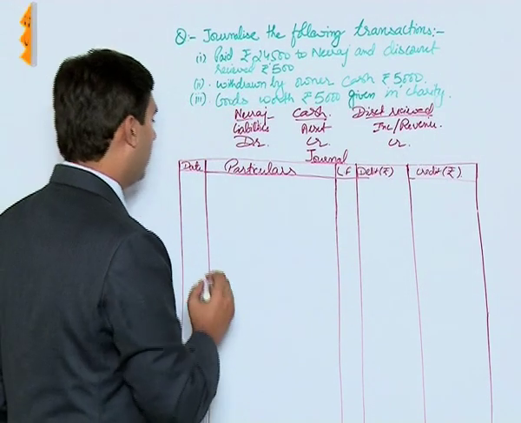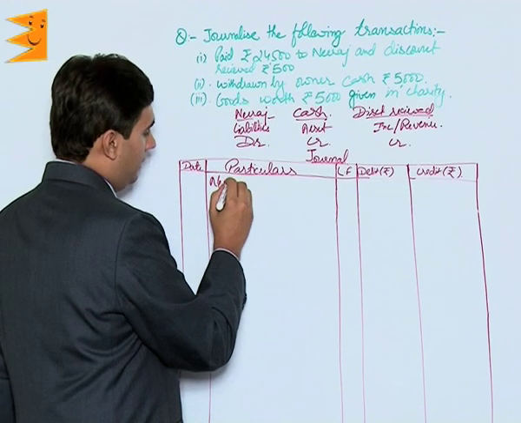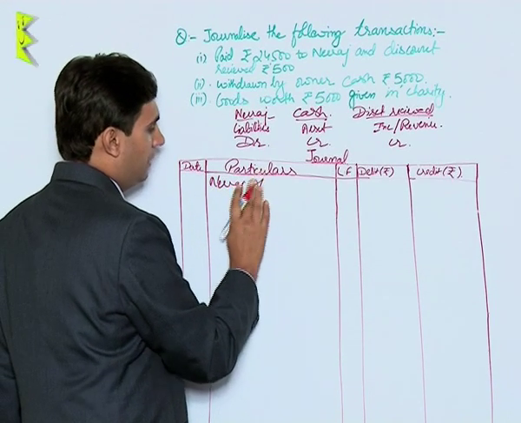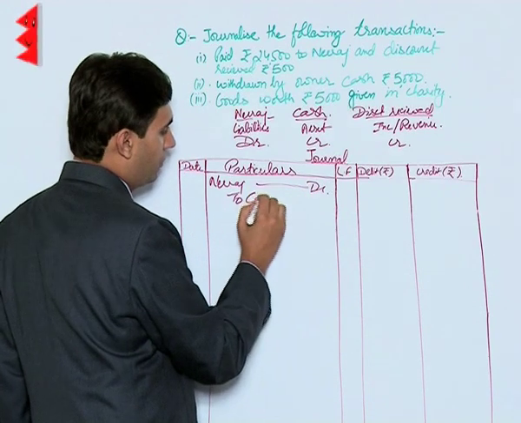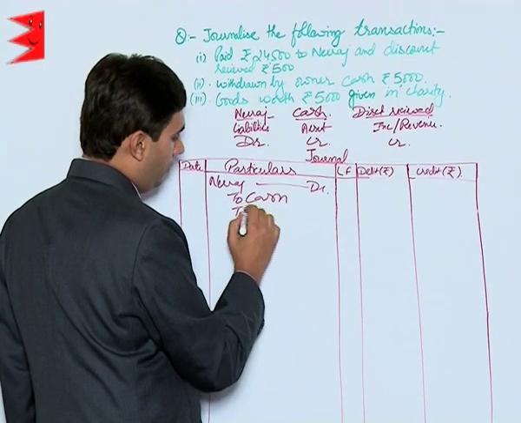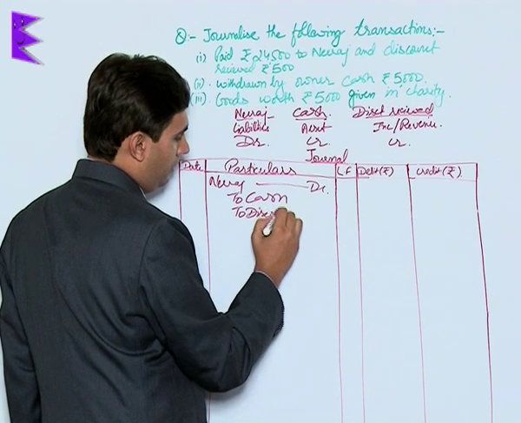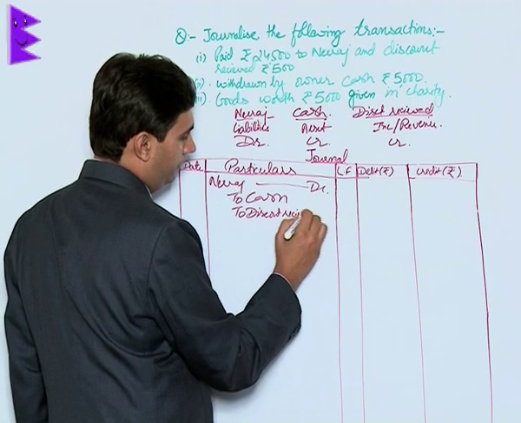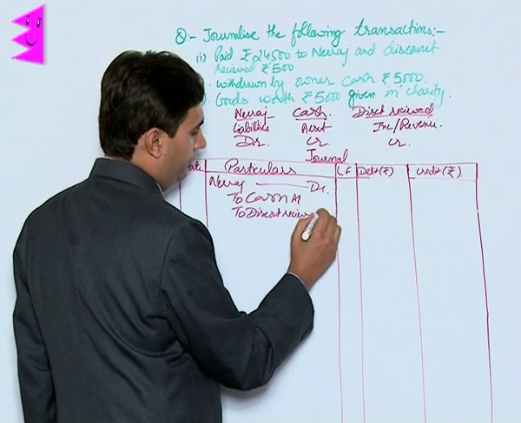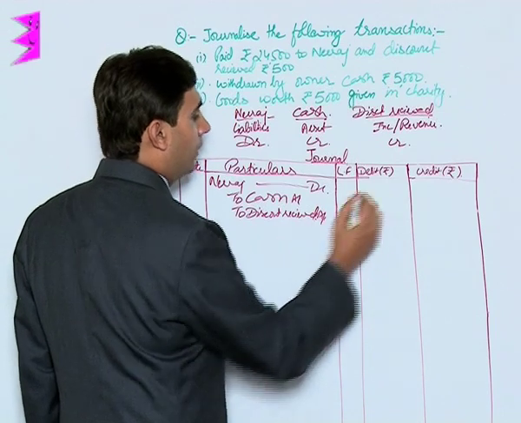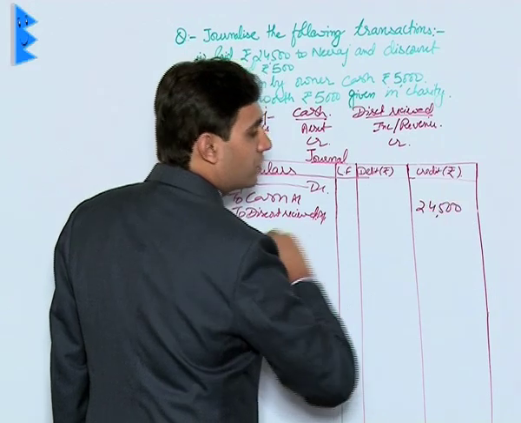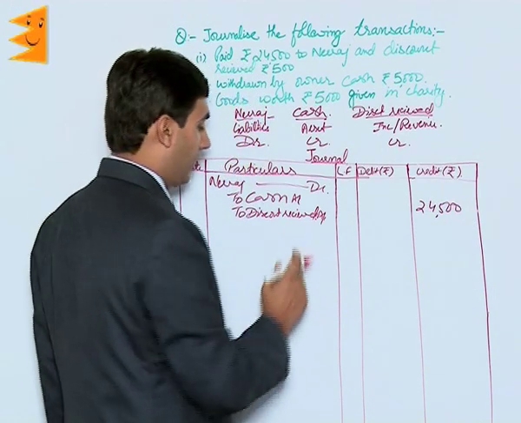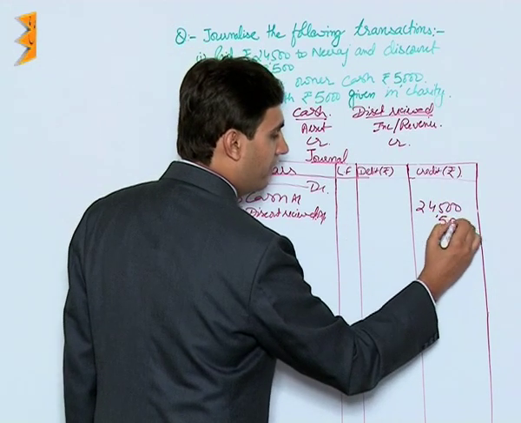So now students, the entry would appear as Neeraj account, Neeraj debited to cash, to discount received. Cash paid was 24,500 and discount received was 500.